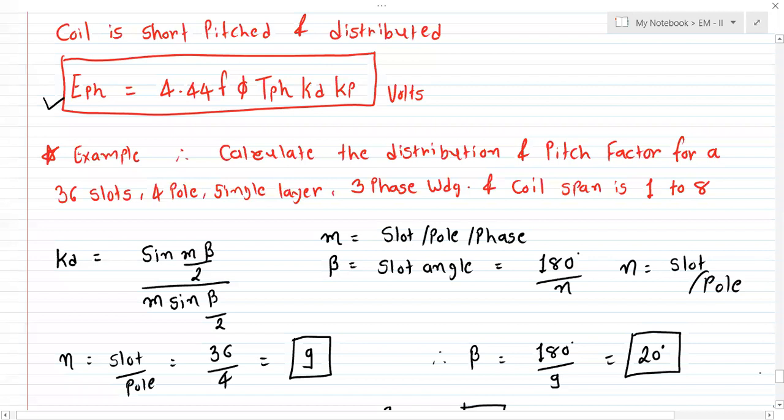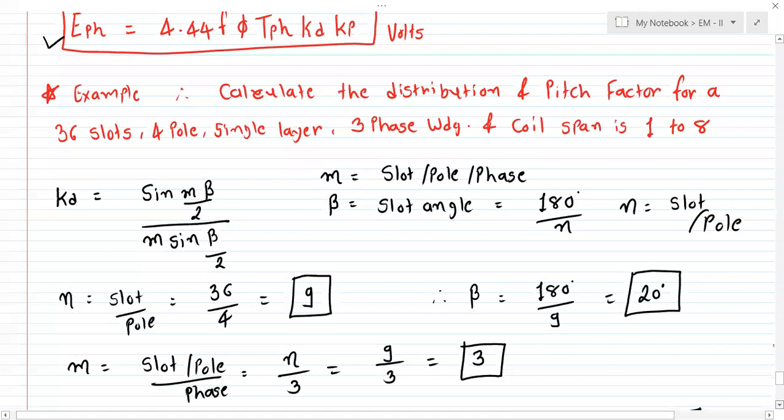Here m is slots per pole per phase. Beta is the slot angle, which is 180 degrees by n, where n is slots per pole, known as the pole pitch. From that we can find m and beta. My beta is 20 and m is 3.